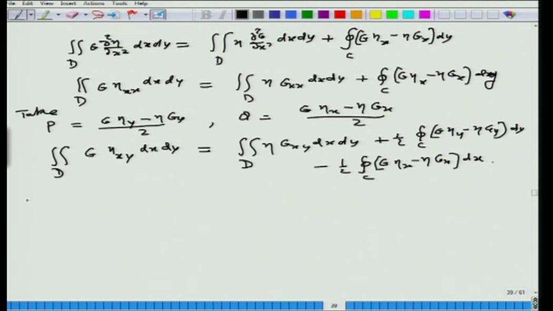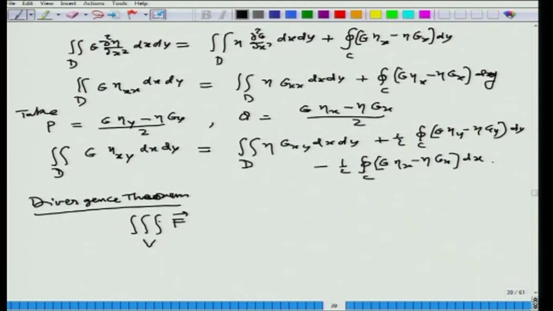Here we use the divergence theorem, which says that for any bounded volume V and a vector field F, the integral of del dot F dx dy dz is equal to the surface integral over the surface of V of F dot n cap dS.